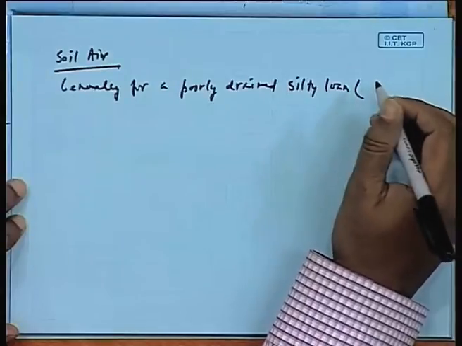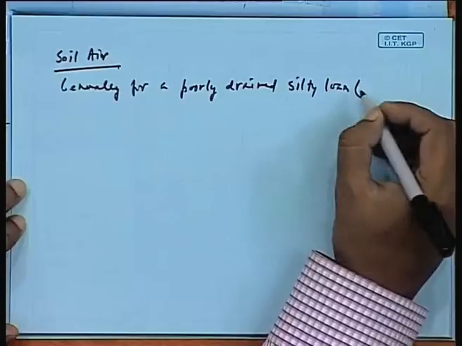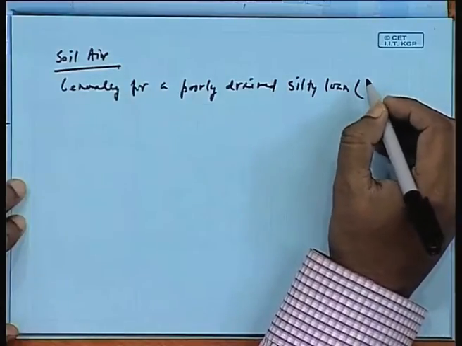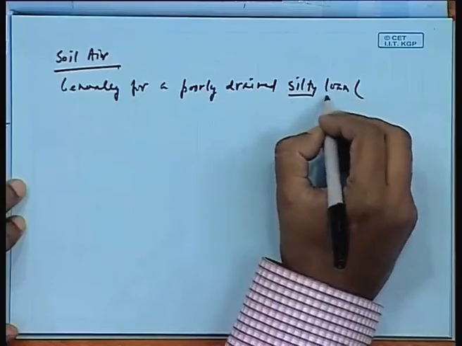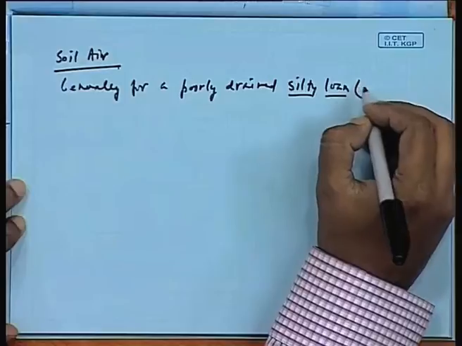Here, if the percentage of silt is more, say about 25% or 30%, then we will call this silty loam. So this is a poorly drained silty loam.